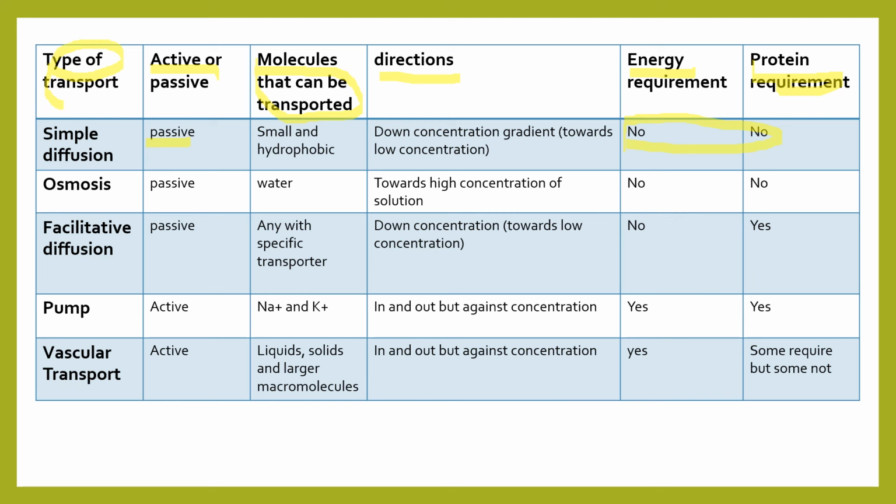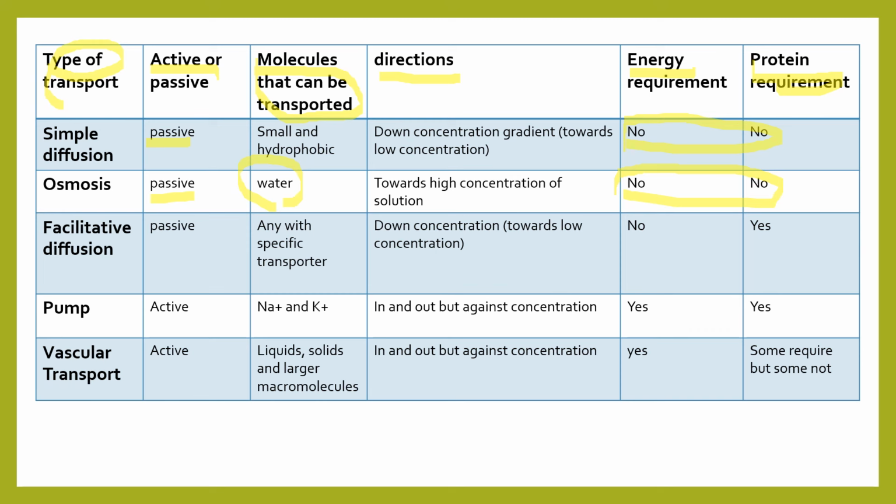Osmosis is a passive type of diffusion. Specifically, water molecules are transported through osmosis. It is towards high concentration of solutions from less concentrated solutions. This osmosis doesn't require any energy or transport proteins.